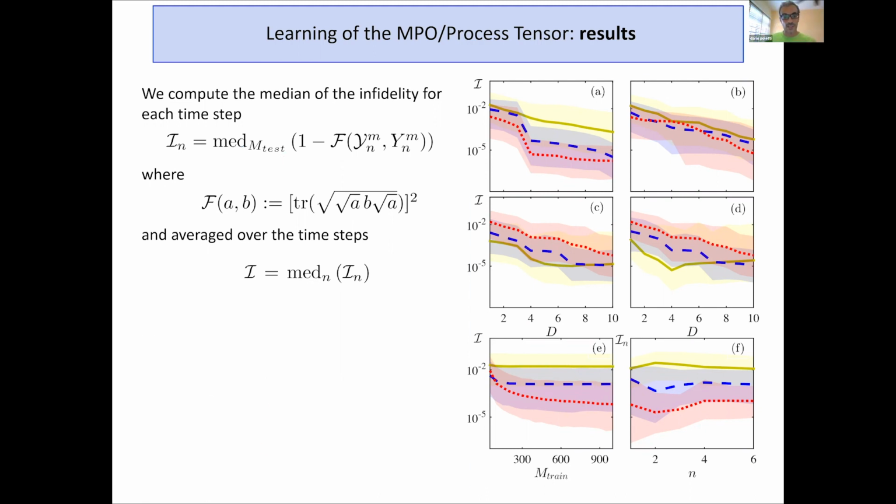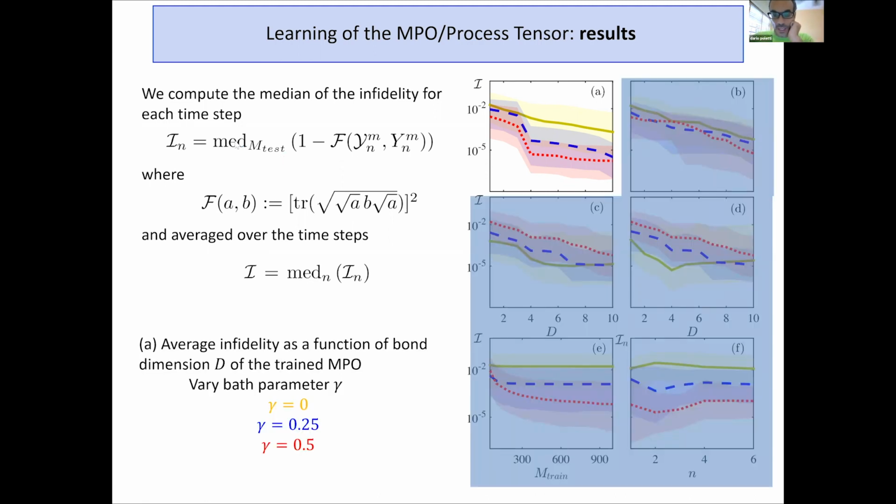So let's look at different possible cases. Okay, in these plots here, what we show is the infidelity versus the bond dimension of the MPO that I use. Okay, because I can try to train with different MPOs, and in general, you need large MPOs to represent well the state, but maybe small enough MPOs can be good, especially if the system is Markovian.